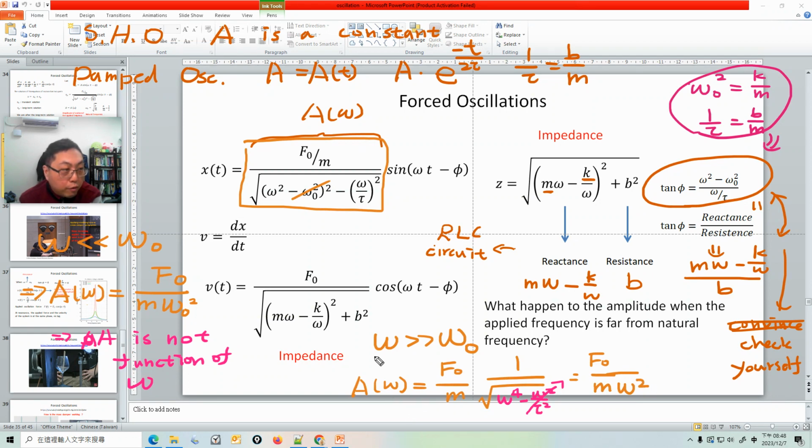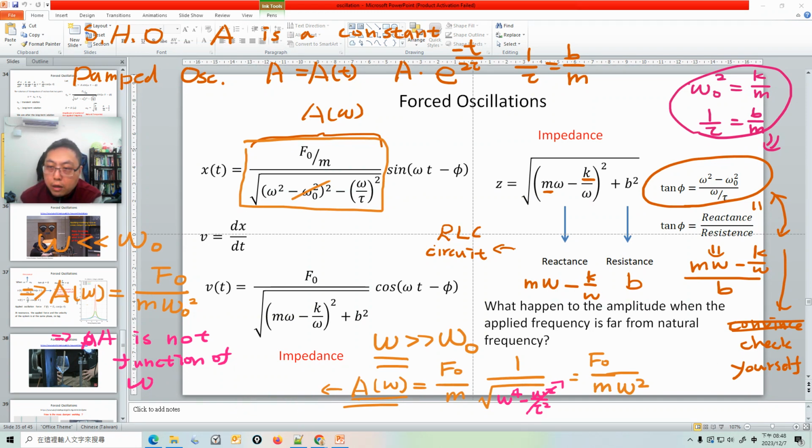So when your applied frequency is way larger than your natural frequency, your amplitude is a function of omega. That means at a very large applied frequency, your amplitude is about 1 over omega square. Okay, maybe I should write here.